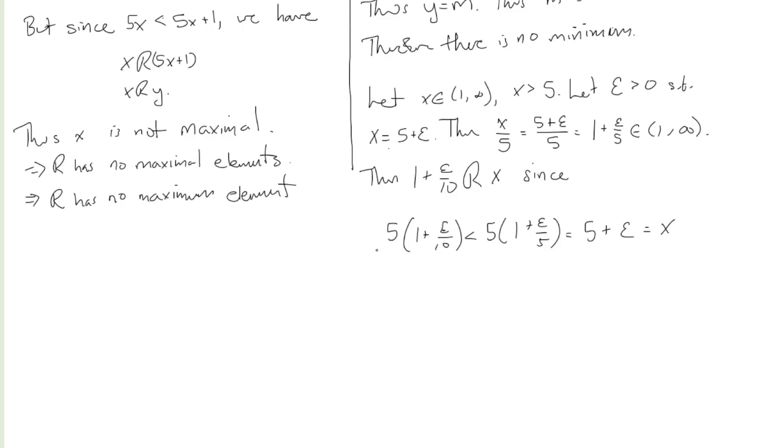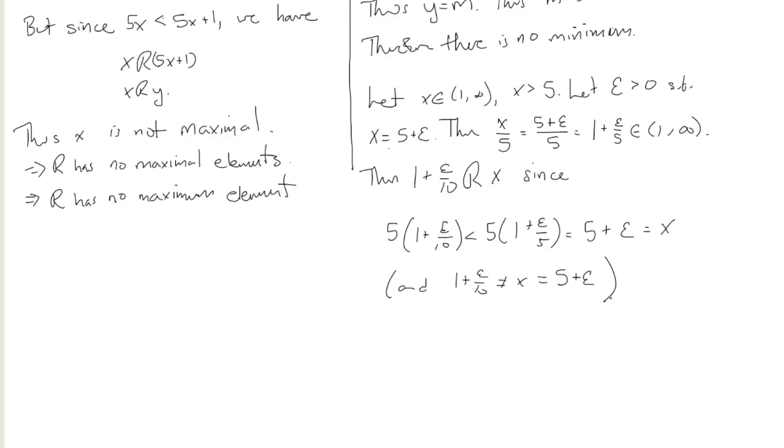And so 5 times the thing I'm interested in is less than x. And if it needs to be said, 1 plus epsilon over 10 is not x. You can check that, I'll leave you to write out the work yourself if you want. 1 plus epsilon over 10 is not 5 plus epsilon. There is no positive epsilon value that makes that true.